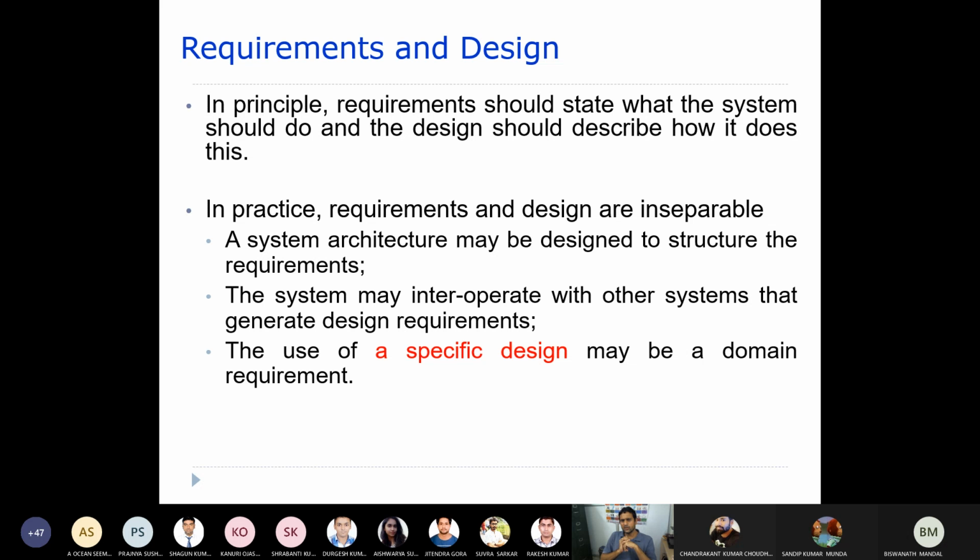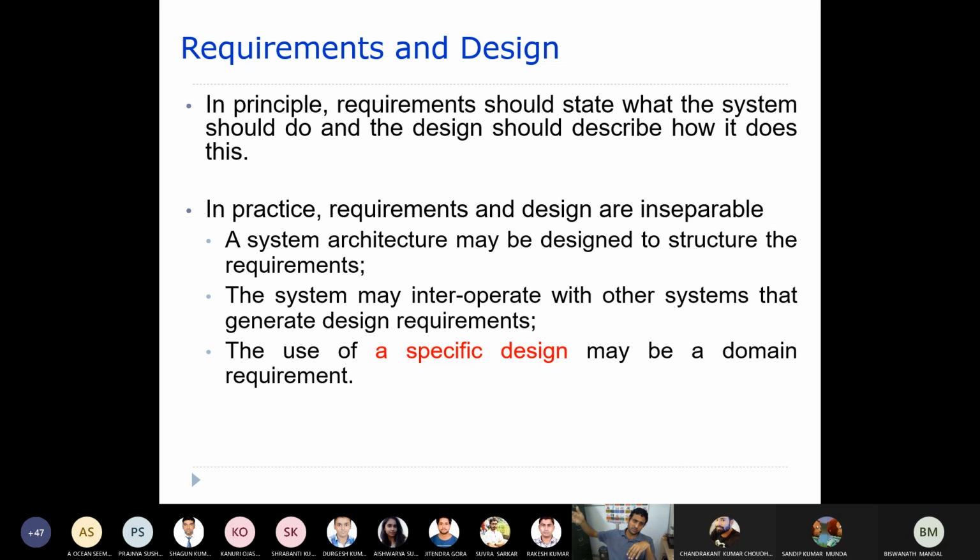The system may interoperate with other systems that generate design requirements. You can see something like this when we are talking about architecture. As I told you, there are various subsystems, so one system is going to interoperate with other subsystems or other systems.